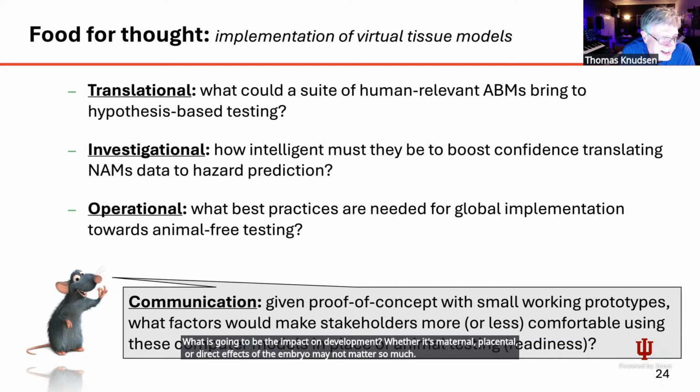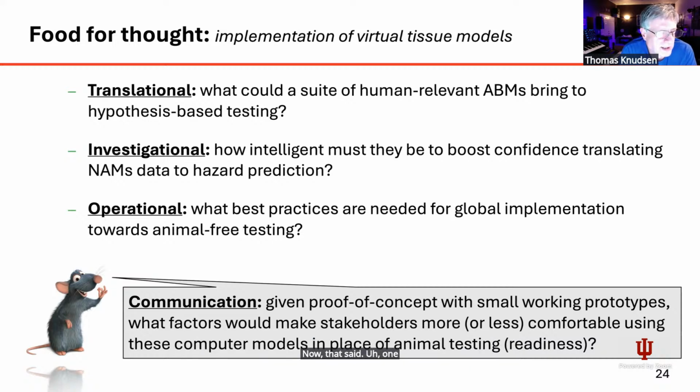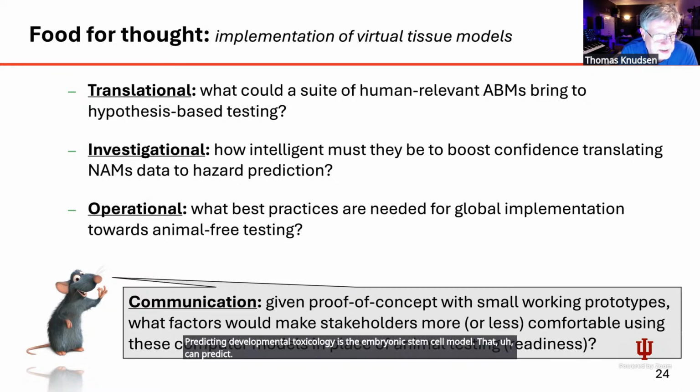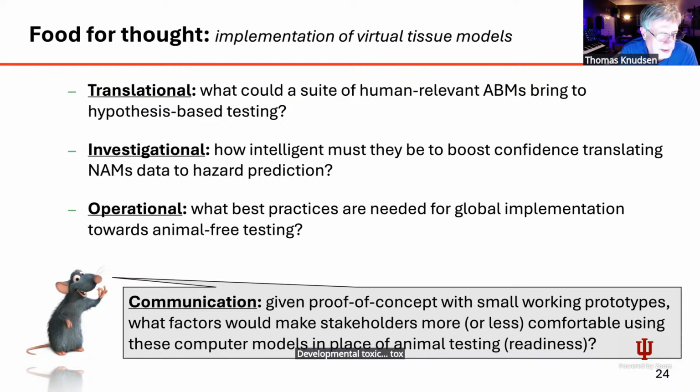Now, that said, one of the NAMs approaches that's actually very good at predicting developmental toxicology is the embryonic stem cell model. That can predict developmental toxicity with a confidence of 80 to 85%.